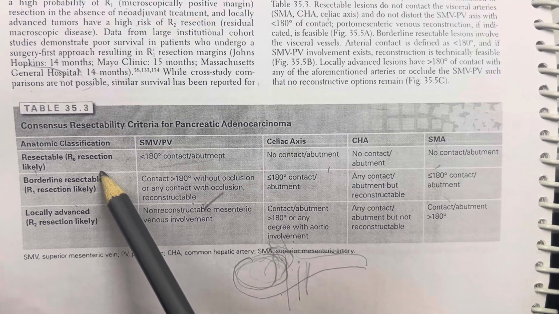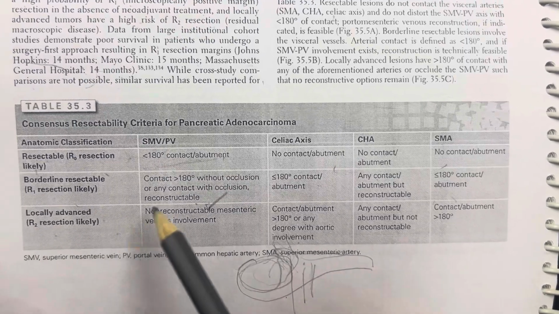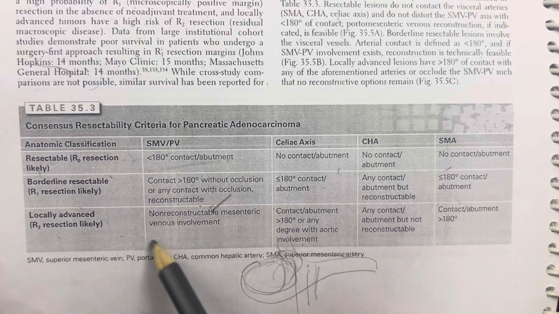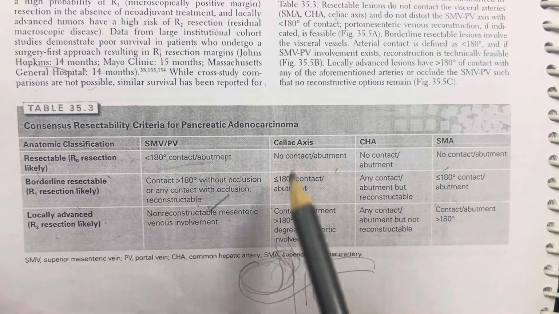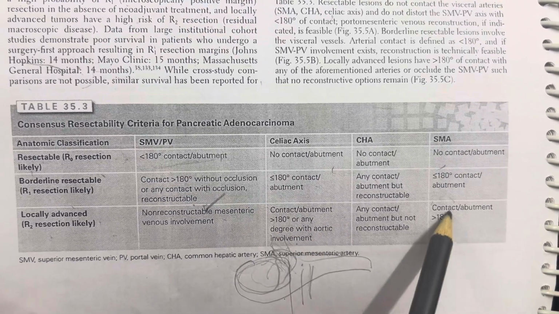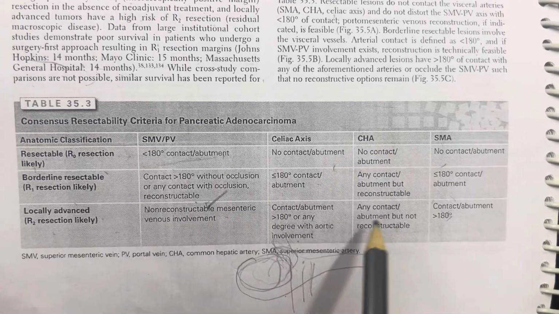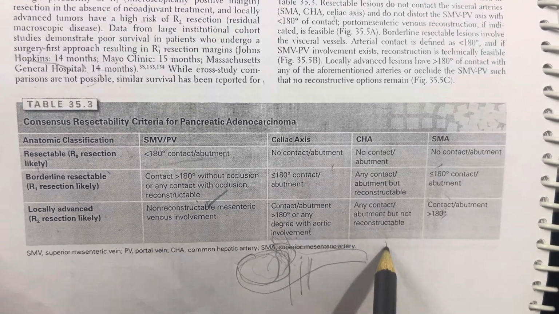Any common hepatic artery abutment. Locally advanced, R2 resection likely, in case of non-reconstructible mesenteric venous involvement, celiac axis abutment of more than 180 degree, SMA abutment of more than 180 degree, and common hepatic artery any abutment but not reconstructible.